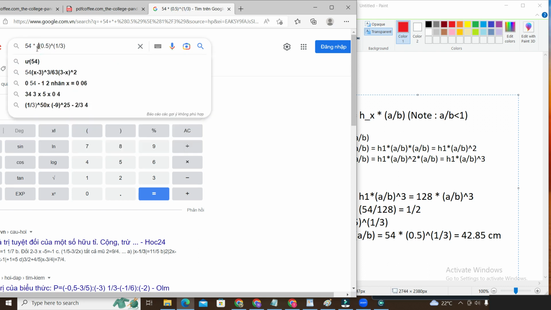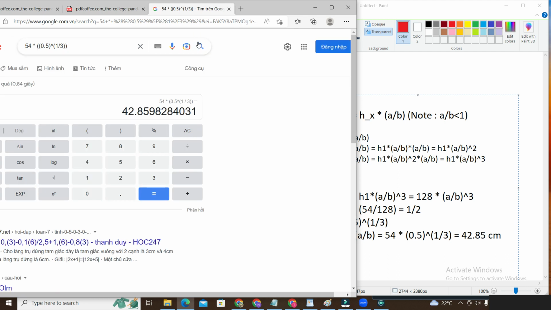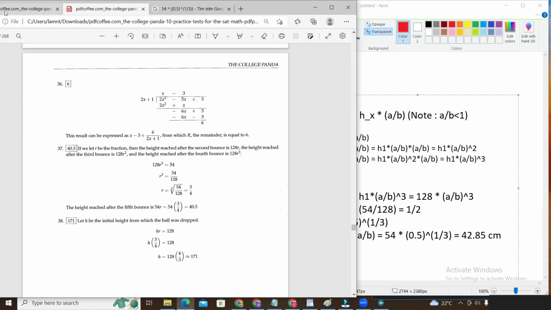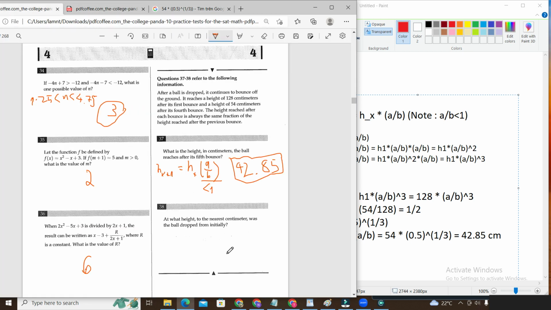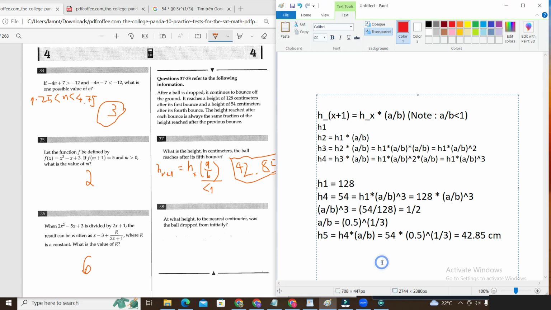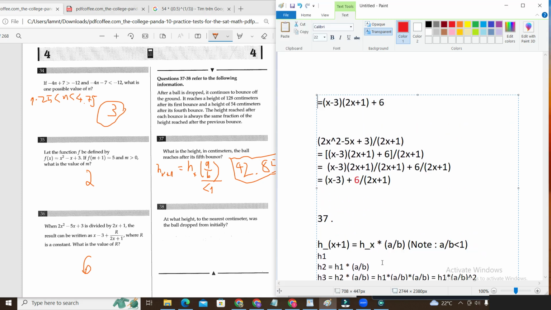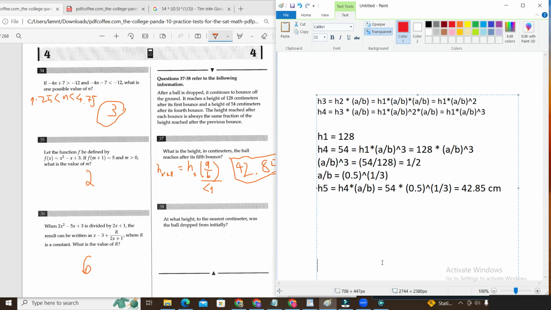Let's calculate this again. 42.85 is correct, I think my calculation is correct. We're going to check both ways of thinking. It's a little bit different from the answer, but let's see.